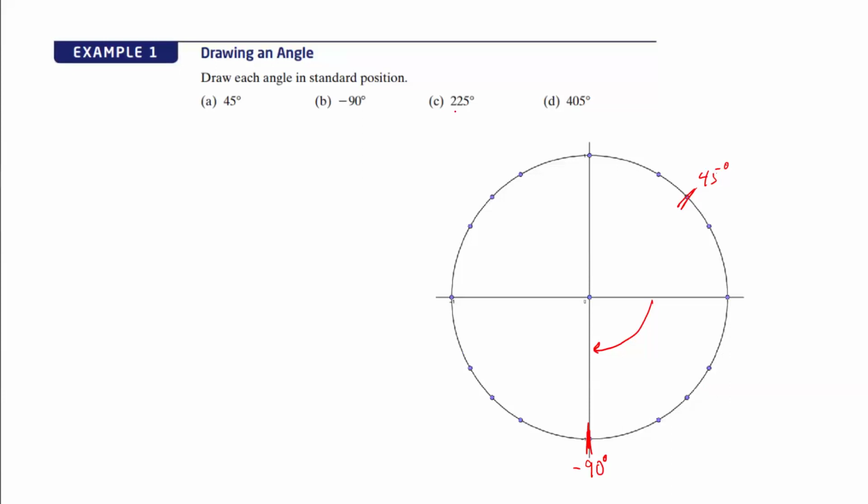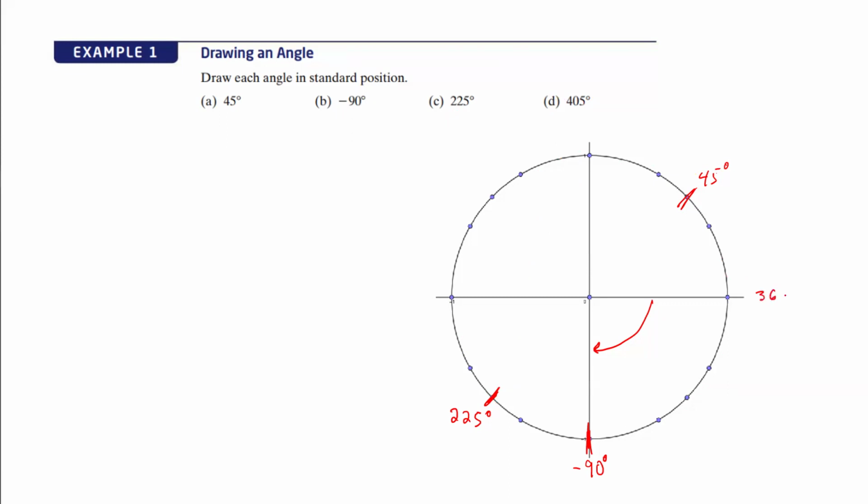225. So if you remember, as we were splitting it up with the 45s, we landed over here on 225. And what else do we want? We want 405. Well, look at that. That exceeds 360, right?